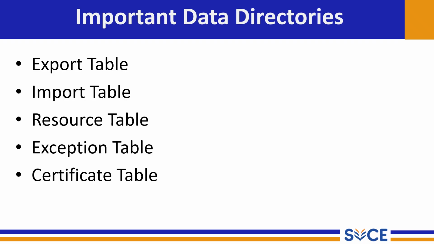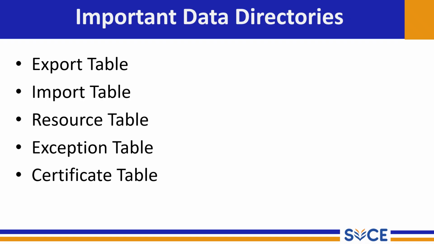And this image data directory structure contains two key fields. The virtual address, that is the RVA, a relative virtual address that points to the beginning of a specific data structure or table within the PE file. And the size, which indicates the size of the corresponding data structure or table in terms of bytes.